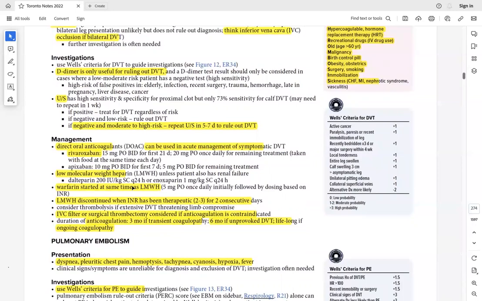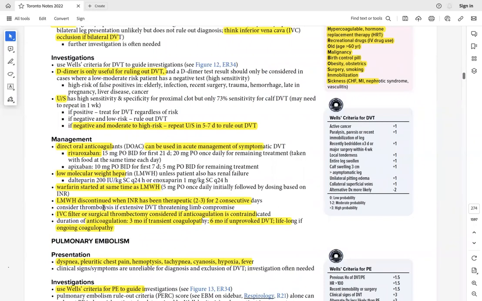If the patient was on warfarin and now she wants to get pregnant, then switch her to low molecular weight heparin. Okay, and what should the INR be? It should be 2 to 3. Then when the INR is between 2 and 3 for 2 consecutive days, we discontinue low molecular weight heparin and start the patient on warfarin.